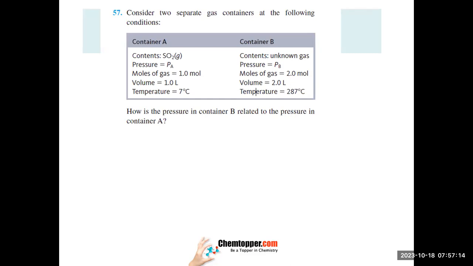In the next class, I'm starting the new topic, kinetic molecular theory. Very important topic, children, because most of the explanation part of what you are learning, the basics and concepts behind it, you can learn in kinetic molecular theory. Plenty of questions will be there. If you have any question, you can stay back in the class.